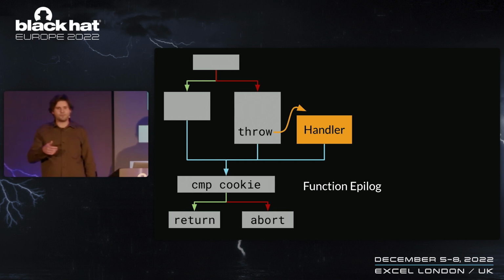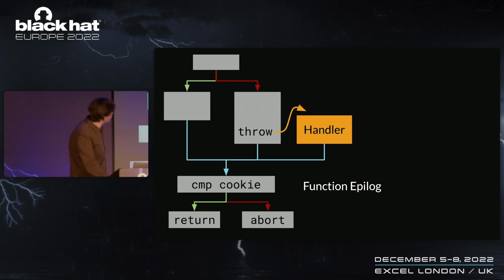We have a handler for it, and there's a throw that's been caught by this handler. Well, when the handler finishes its execution, it's going to flow into the epilogue of the function. So if during the execution of the handler, we want to overflow the stack even further to do a return-based control hijacking, we cannot, because the cookie compare will stop us.